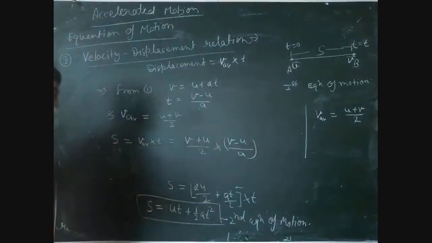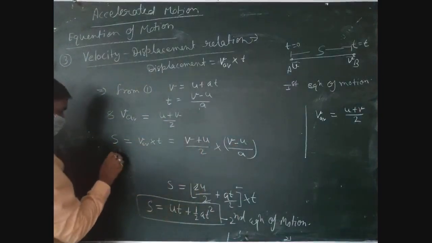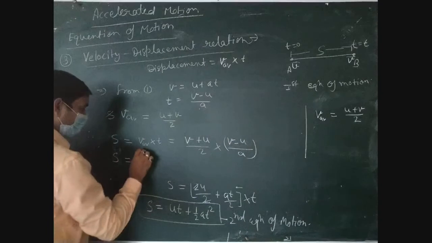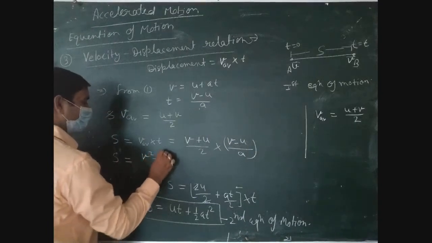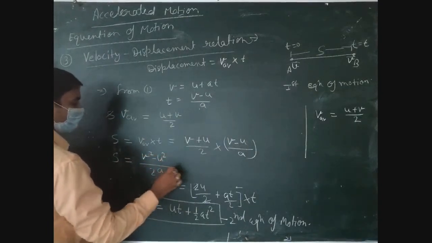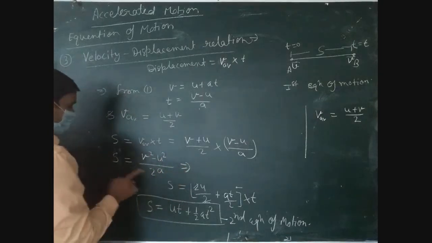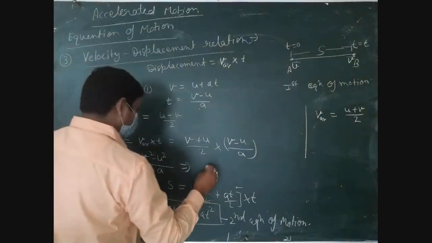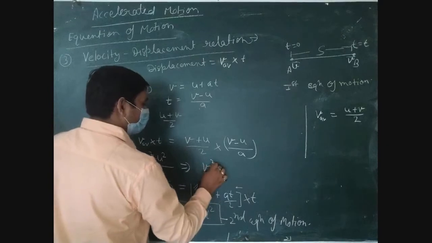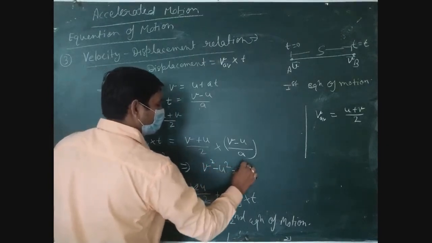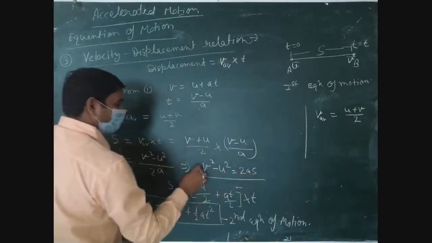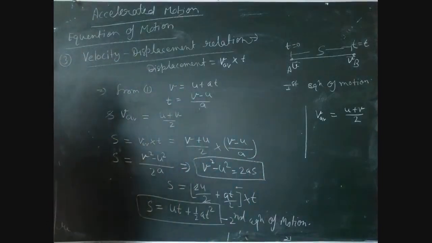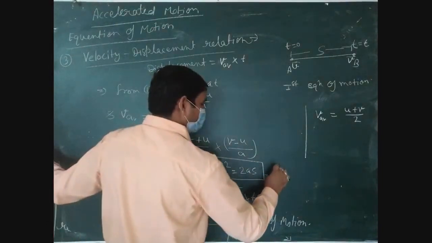Now from solving this you will get v square minus u square upon 2a. By multiplying this 2a with s, you will get v square minus u square equal to 2as. This is the third equation of motion.